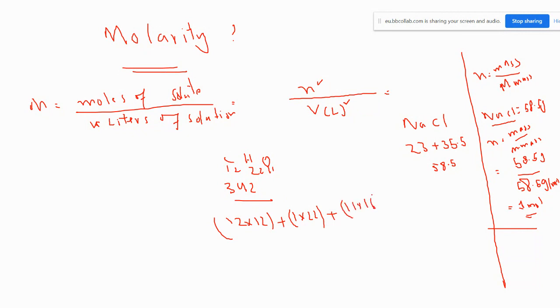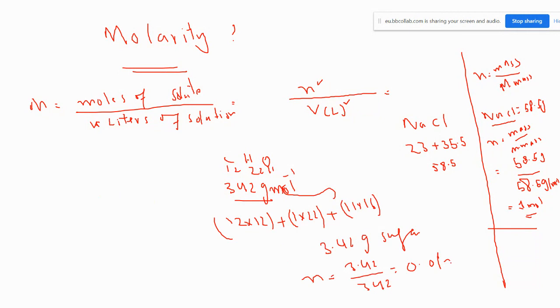If you add them together, you will get 342 gram per mole. Now, suppose we take 3.42 gram of sugar, what is the moles? Mass 3.42 divided by the molar mass, which is 342. So it will be equal to 0.01 moles.